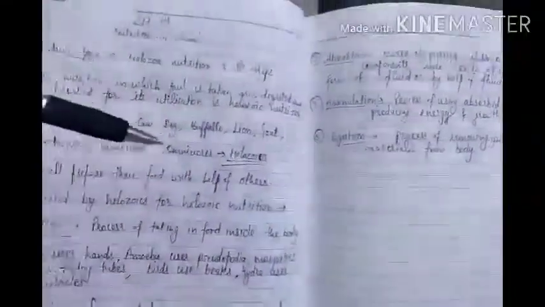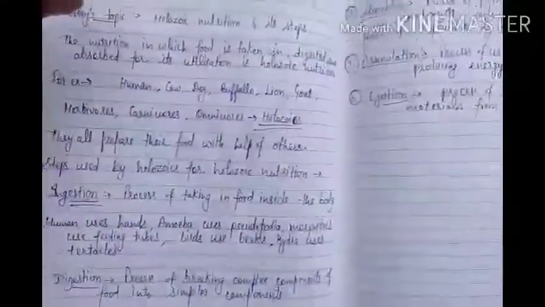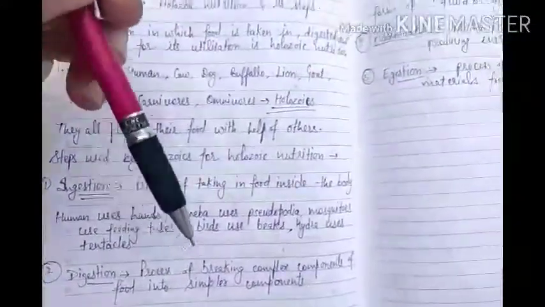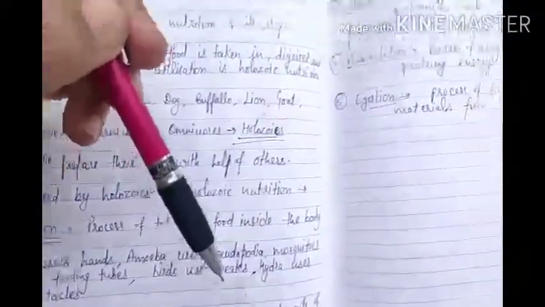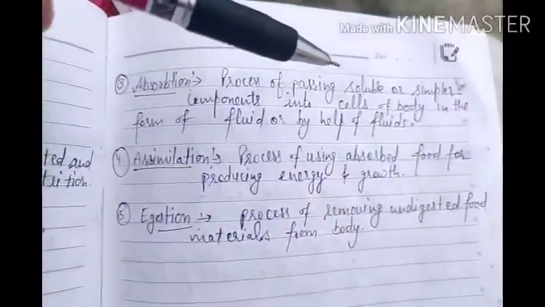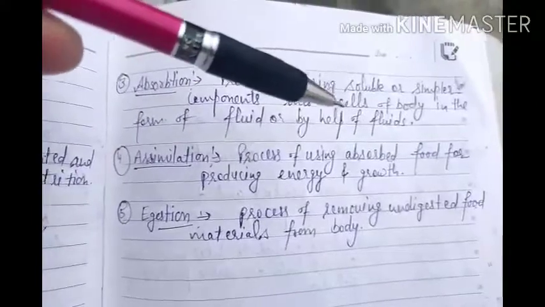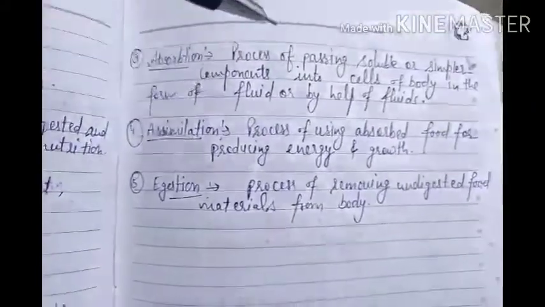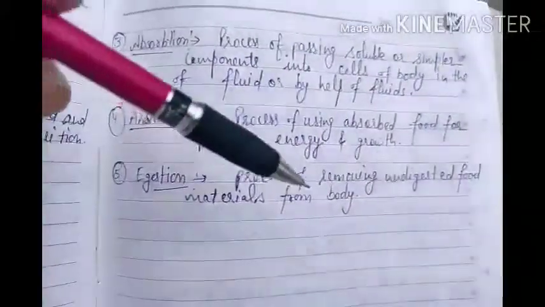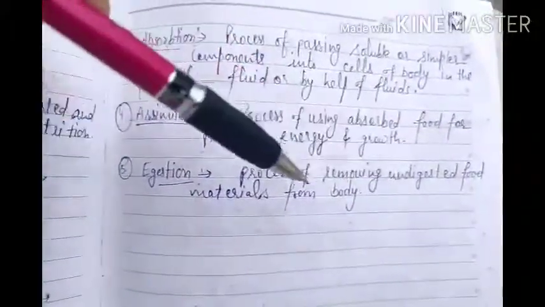So these complete steps are parts of holozoic nutrition: ingestion to take in food, digestion to break down the food, absorption to send it into the cells of the body, assimilation to use it in the cells to get energy, and egestion to remove the undigested food from our body.